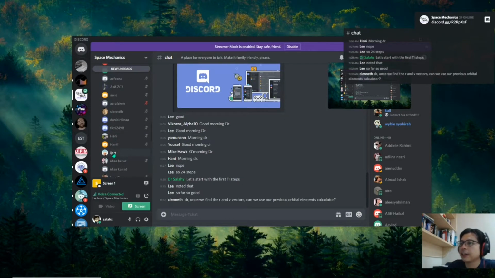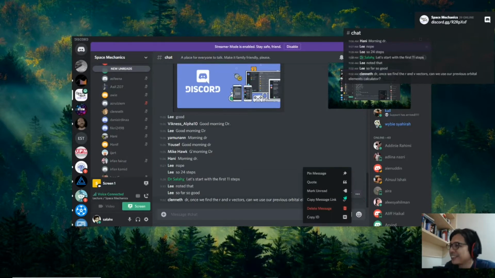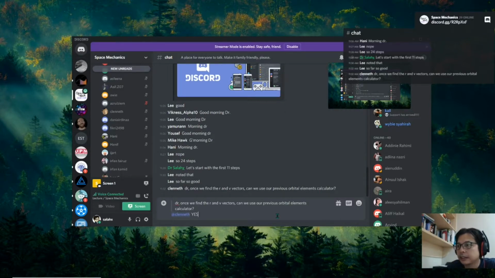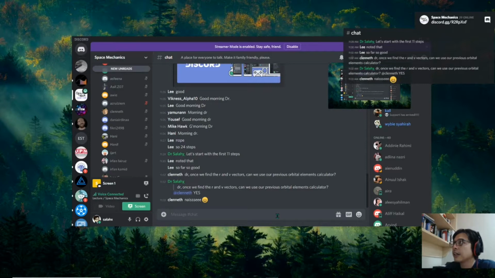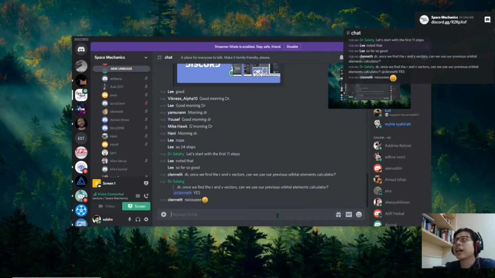Doctor, once we find the RV vector, can we use it? Oh yes. That is actually the reason why I want you to do this. So I answered that with a big yes. If you have done something from before, I think some of you have written this program on a spreadsheet, and some of you have written this in Python, so you already have that from RV to orbital elements.